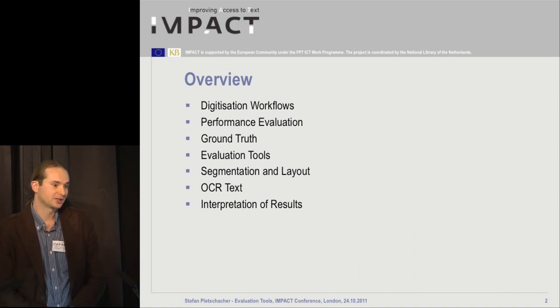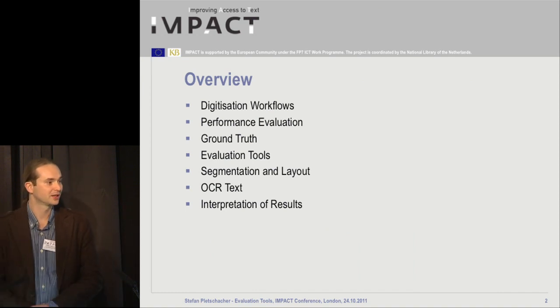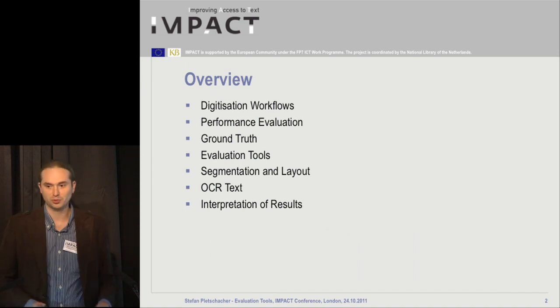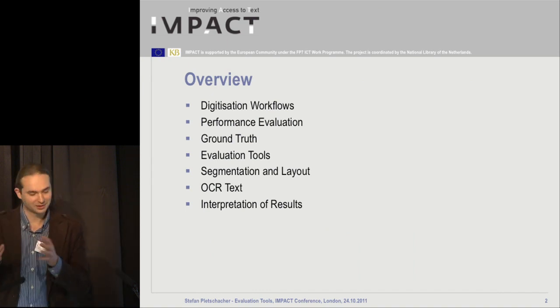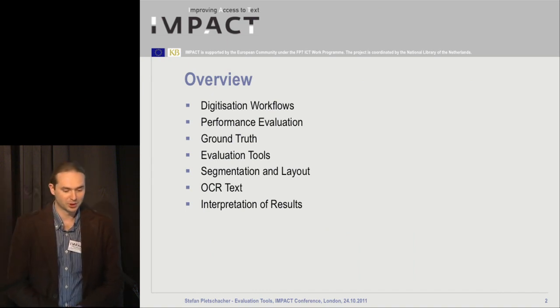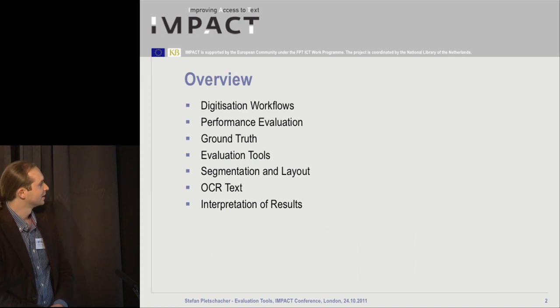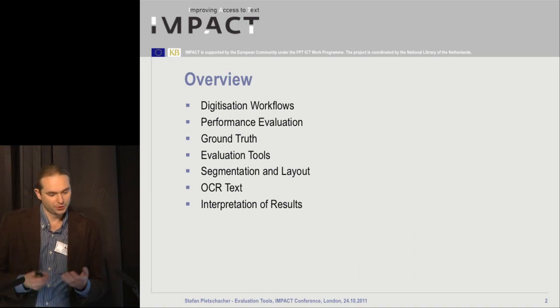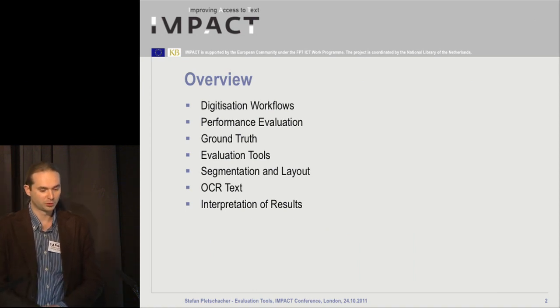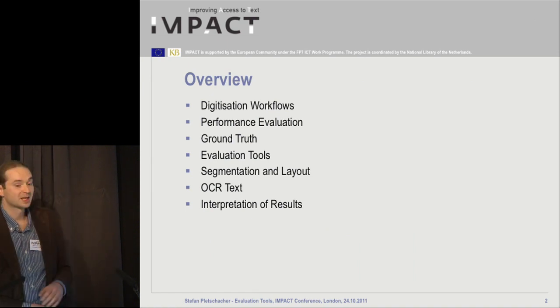Evaluation tools, that is the actual software that takes ground truth as input and results of some method and then produces some meaningful numbers. And then two examples, segmentation layout and OCR text, to show you a bit what we are measuring and how you can interpret the results.